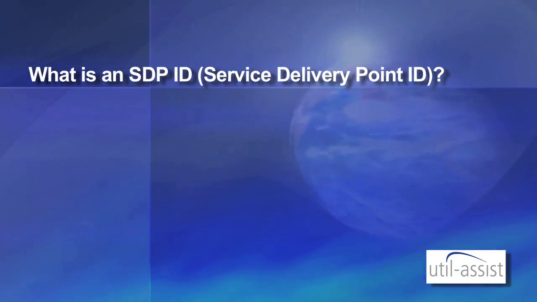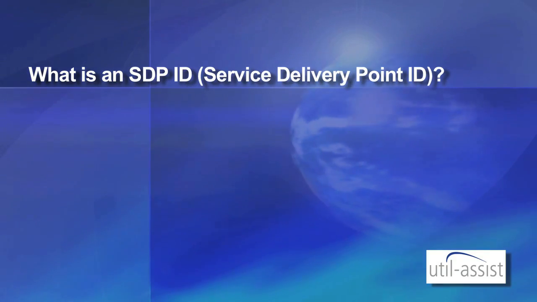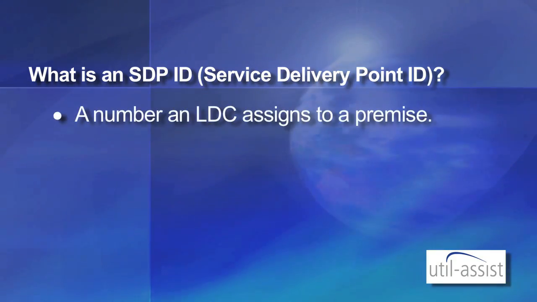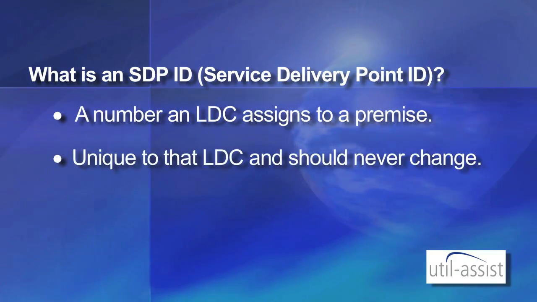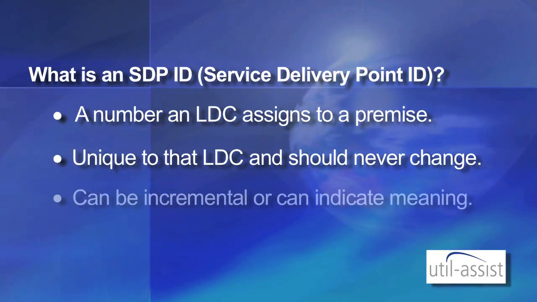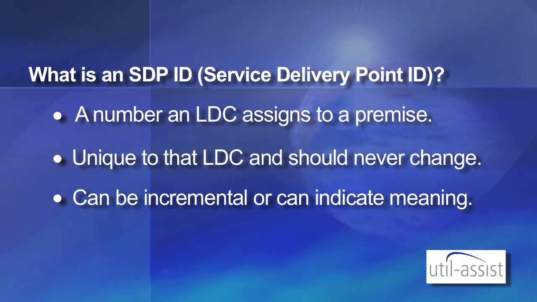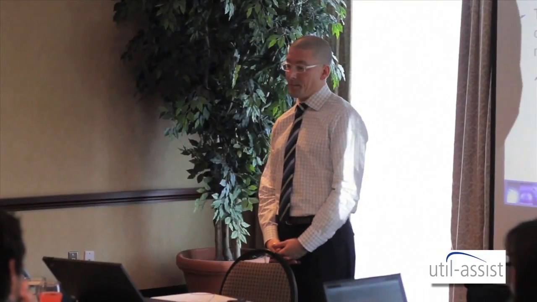What is an SDP ID, or Service Delivery Point ID? A number that an LDC assigns to a premise, unique to that LDC and should never change, can be incremental or can indicate meaning. So the SDP ID is supplied by the LDC, and it relates to the premise. You think about it as though it's a chunk of land or a socket, and you need to come up with an SDP identifier.